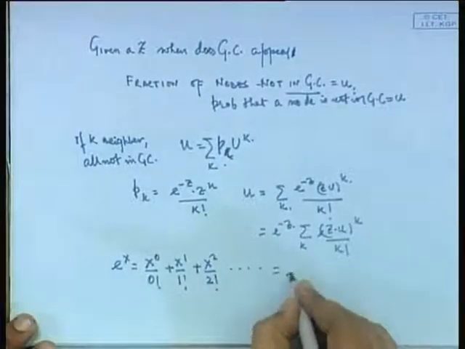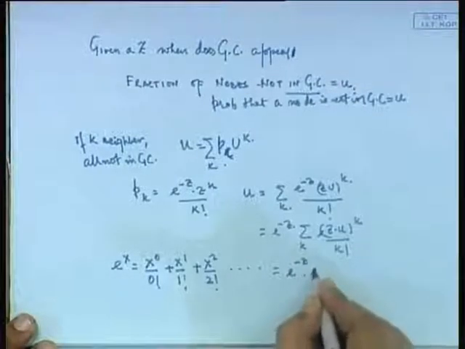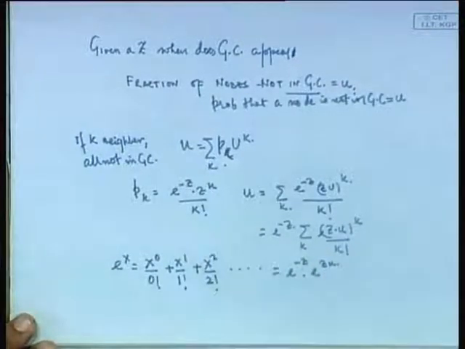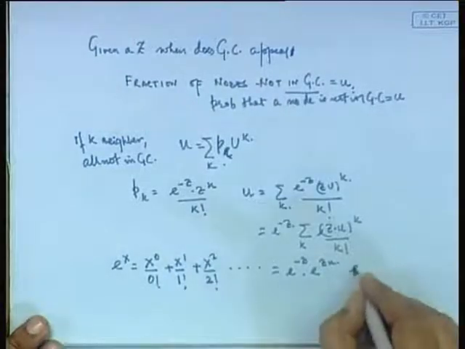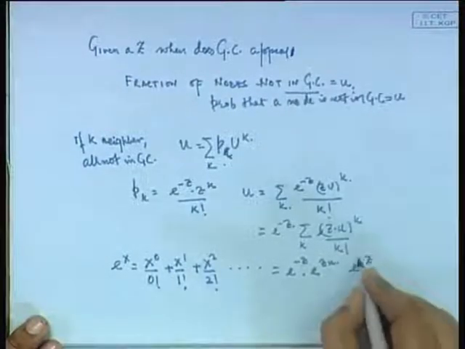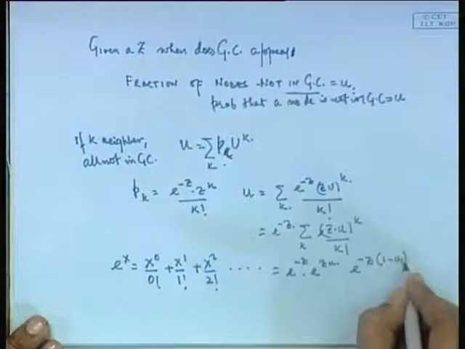So, this becomes e to the power minus z into e to the power z u, and that gives you e to the power minus z times 1 minus u.